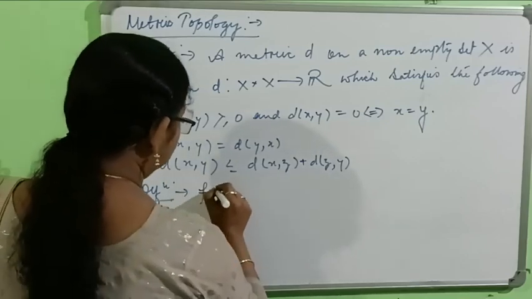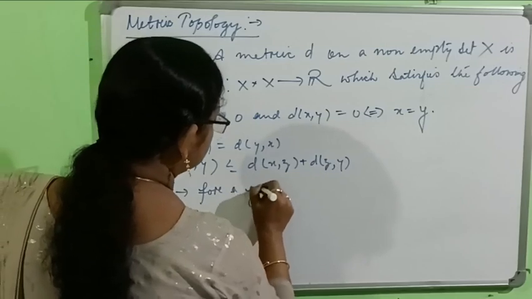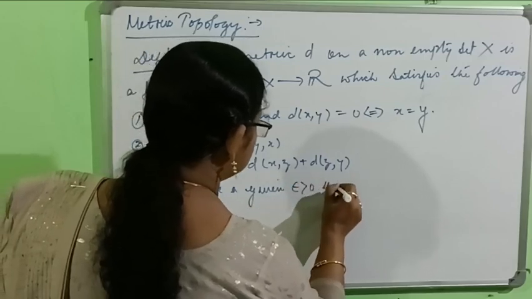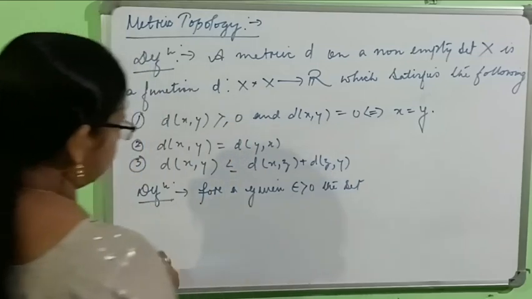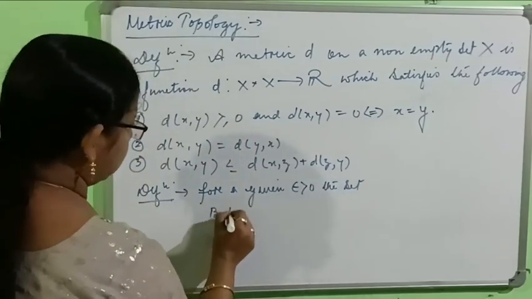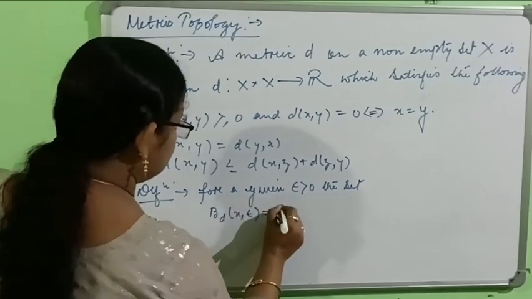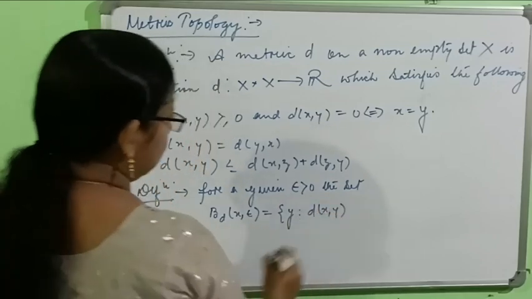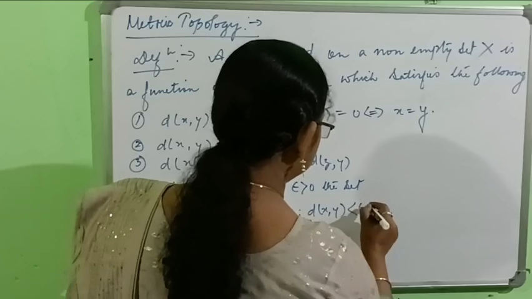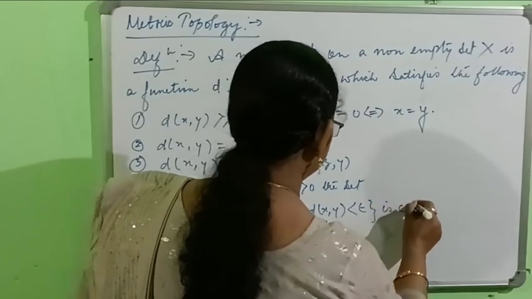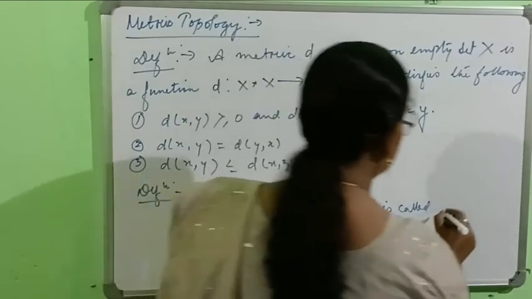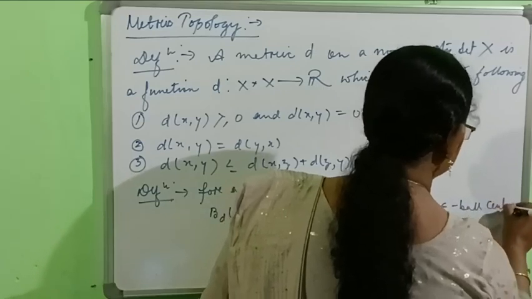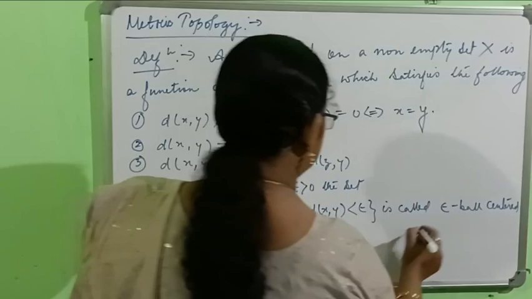For a given epsilon greater than 0, the set B_d(x, epsilon), the collection of y such that distance between x, y is less than epsilon, is called the epsilon ball with center at x.